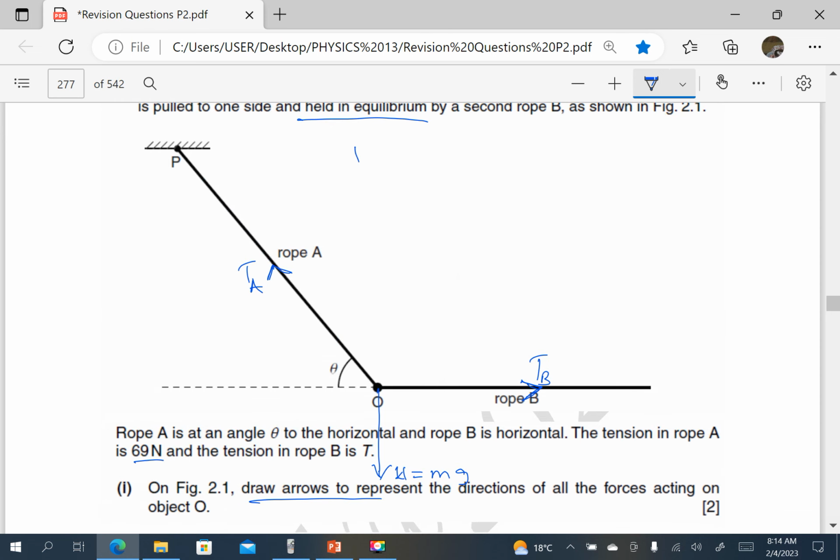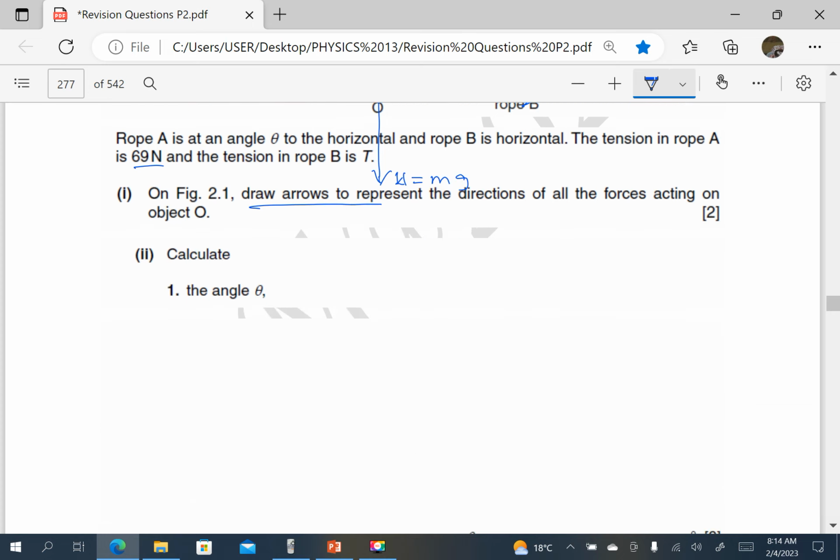So let me put here a vertical line. When I resolve tension in A, this is, remember, 69. Using the angle theta, this will be 69 sine theta. For equilibrium, 69 sine theta upwards will be equal to the weight, which is m times g.